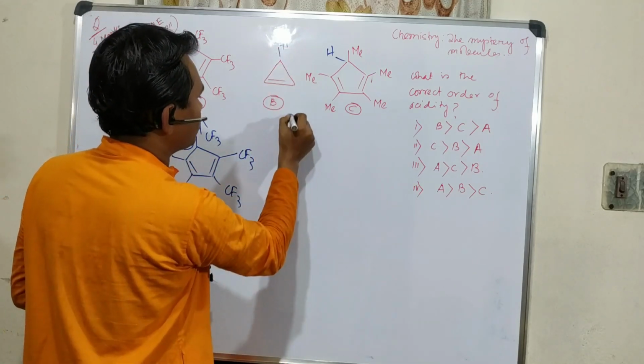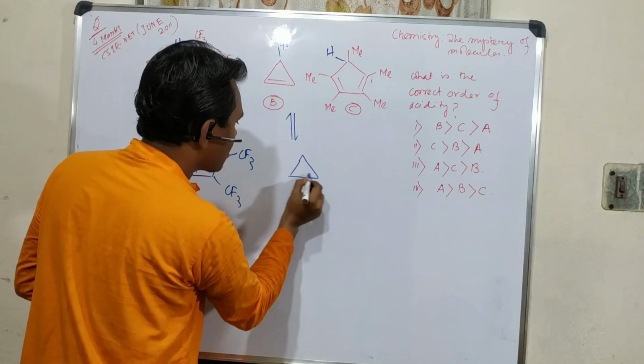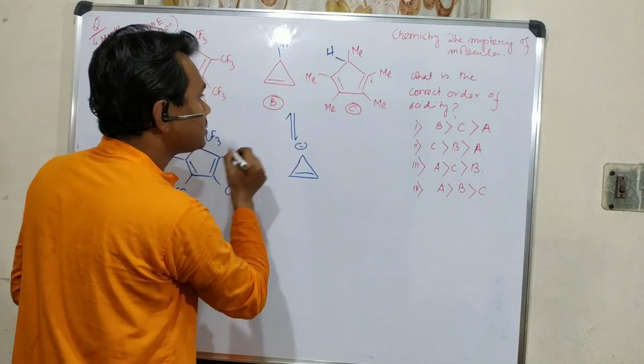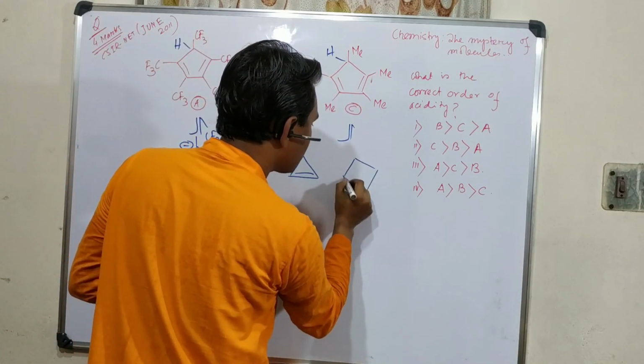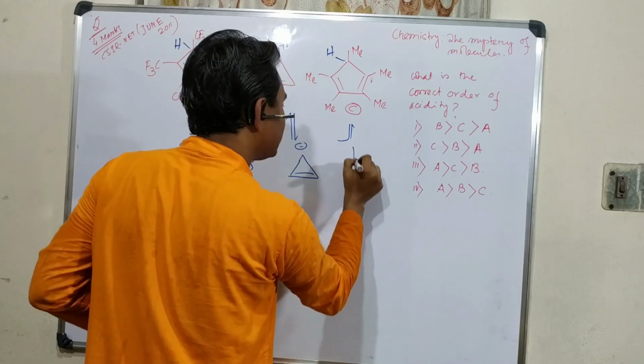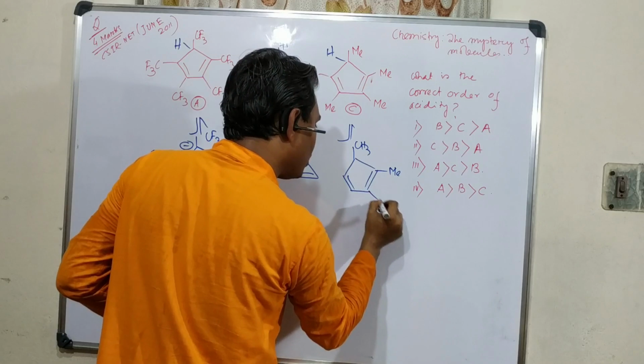Similarly, if it loses a proton, what will be the structure? Minus. If it loses a proton, it is similar to the previous one, but actually all 5 are methyl.